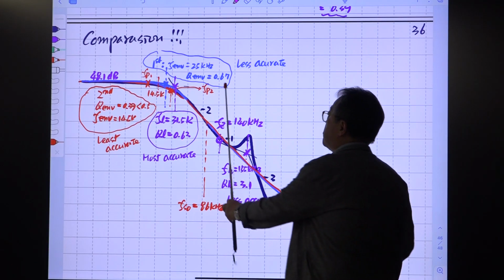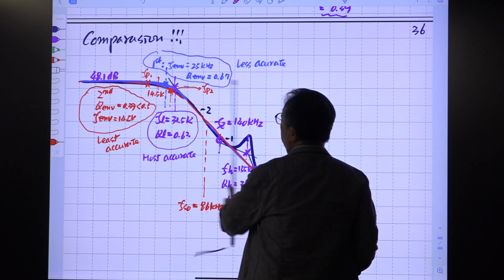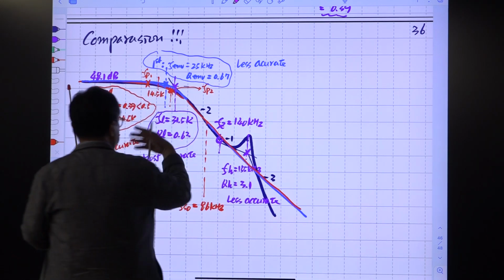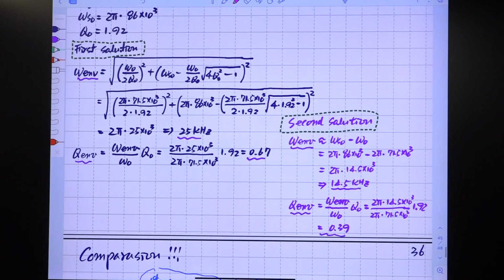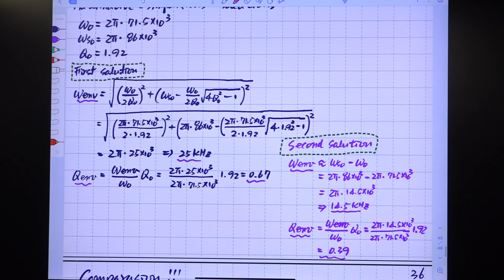Later on, we get rid of this. We just throw away this, and we use a simple formula. E_ENB and Q_ENB were derived here. This is the approximation. Only taking the two smaller ones, then you have this one.